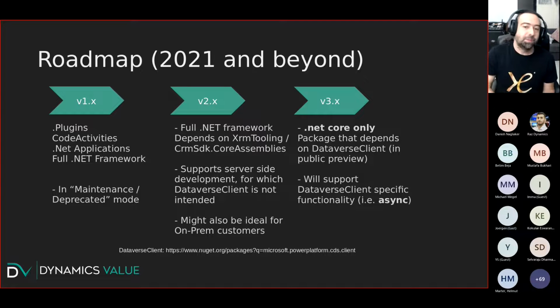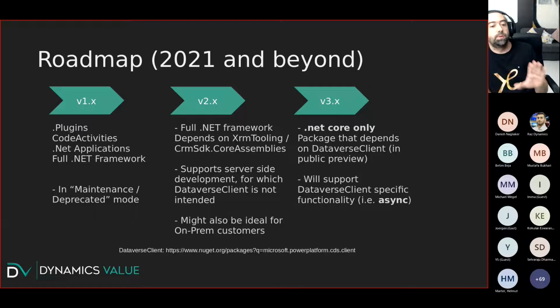Version 3 will be a .NET Core only package that will depend on the Dataverse client, as you can see, and it will support the very latest functionality, for example, async support as well. But at the same time, we can have the two versions in two different branches.